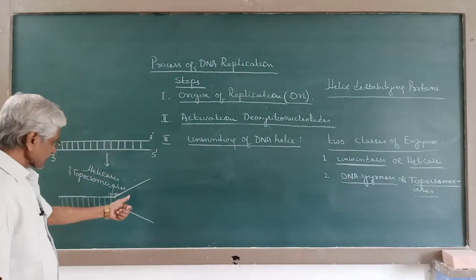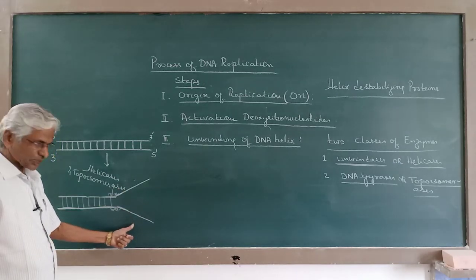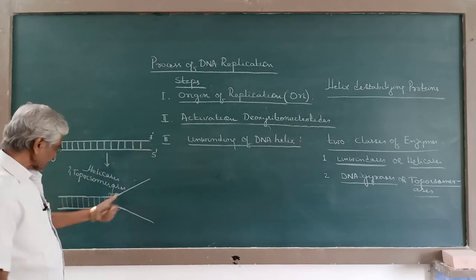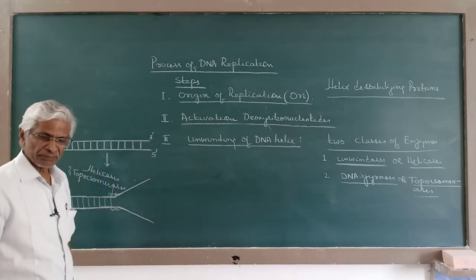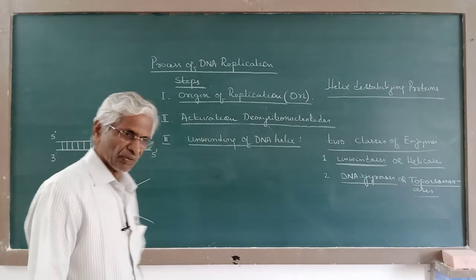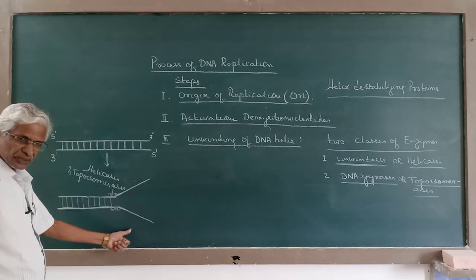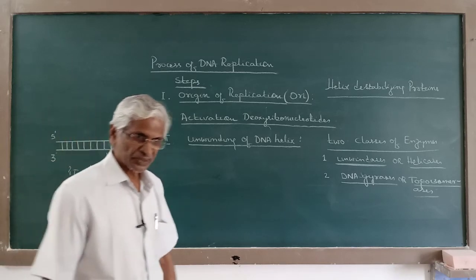Now here, after separation of these two strands at one end of the helix, and the rest of the DNA continues to remain in the helical state, original form, without being disturbed, this will produce a Y-shaped structure.